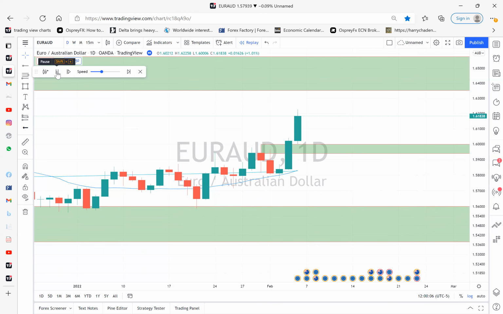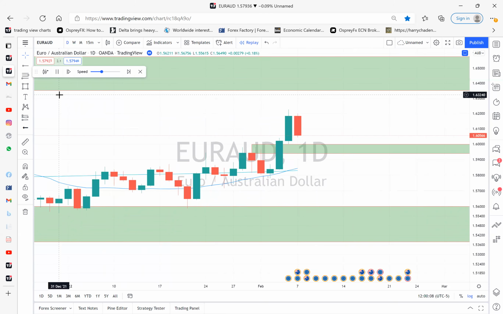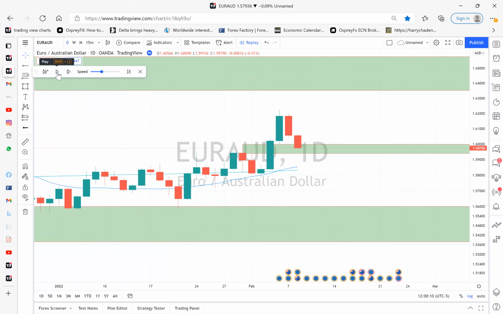The Judas swing, Judas as in the guy who betrayed Jesus. The Judas swing is a technique that the market makers use. You know, maybe it's put into an algorithm, I'm not sure, but it happens, where they make the market look like it's going one direction, and then they reverse the market and take it in the opposite direction, right?